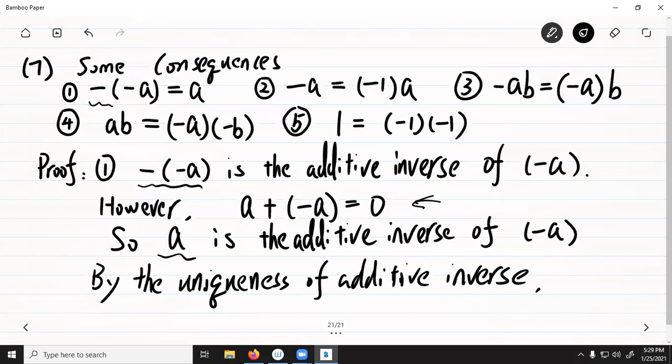So these two must be the same, right? We have no other choice. So A must be equal to negative A. That is the result we should have, right? Number one. So we finished the proof for the first one.